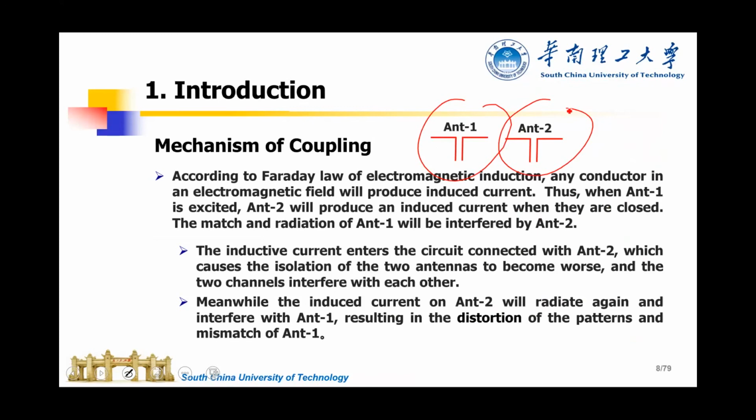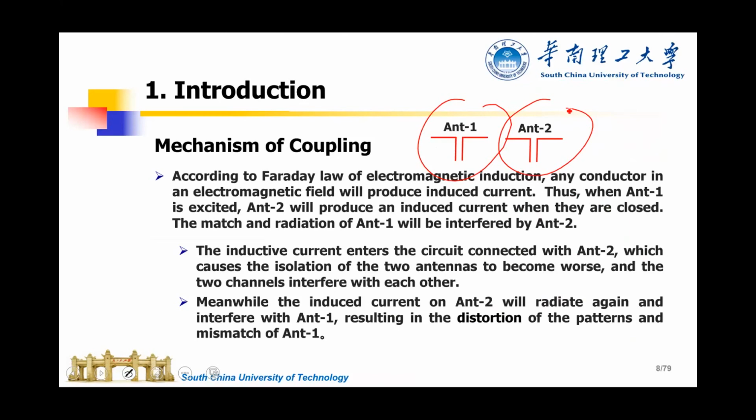So when antenna 1 is excited, antenna 2 will produce an induced current when they are so close. So the matching and radiation of antenna 1 will be interfered with by antenna 2.